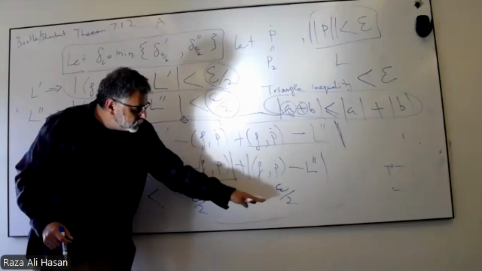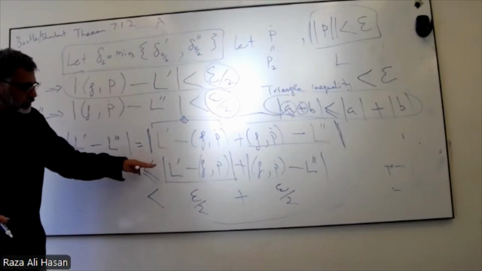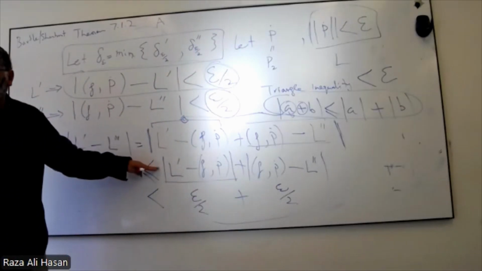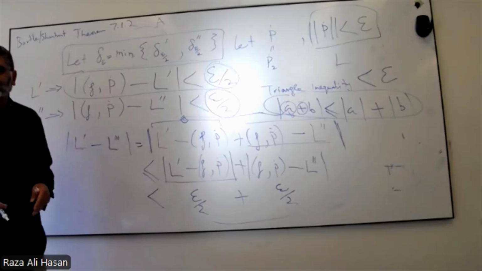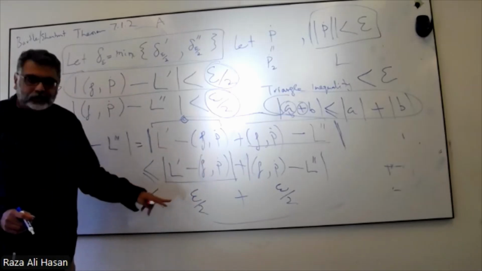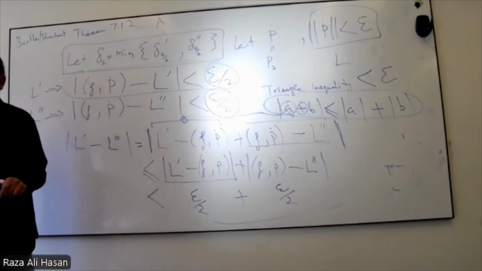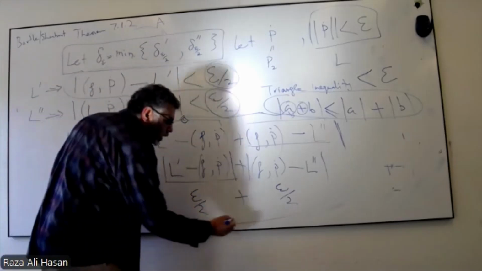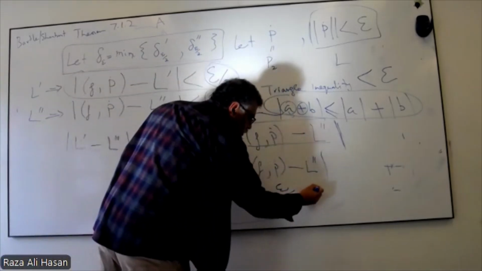If you add these two things, they're going to be less than these two things, because each one of these is less than that. We can't keep the equal to sign. And then this whole thing is actually equal to epsilon.